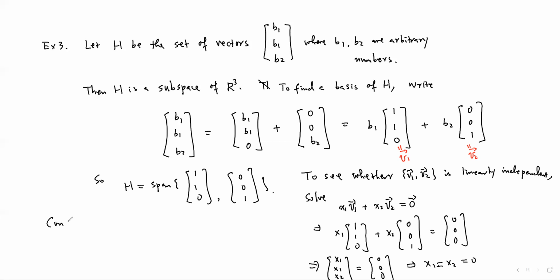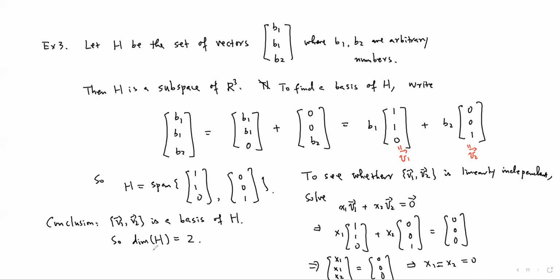Conclusion. V1, V2 is a basis of H. So the dimension of H is equal to 2 because the basis contains 2 vectors.